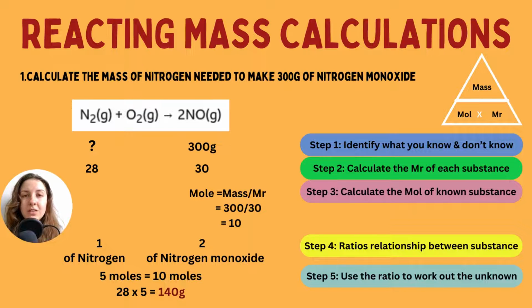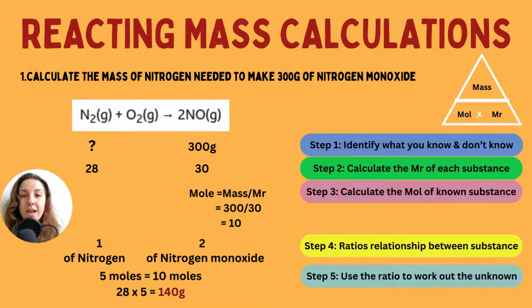And that tells us as scientists that there is a big number 1 there. It's just invisible. We don't need to draw a 1 in front of it because there's one lot there that's already been drawn. If there was more than 1, we'd draw 2, 3, 4, etc. So it's 1. There is a big 2 in front of the nitrogen monoxide. So that tells us that the coefficient is 2. So that's where we get that ratio.